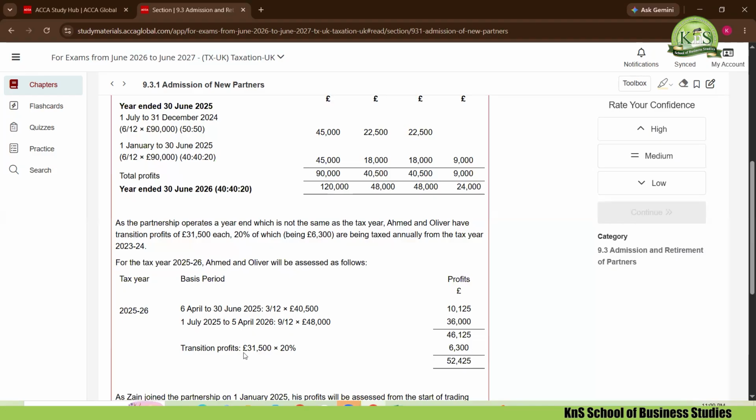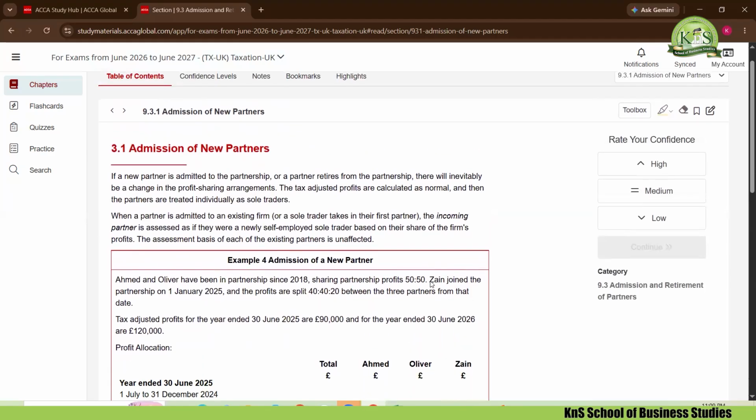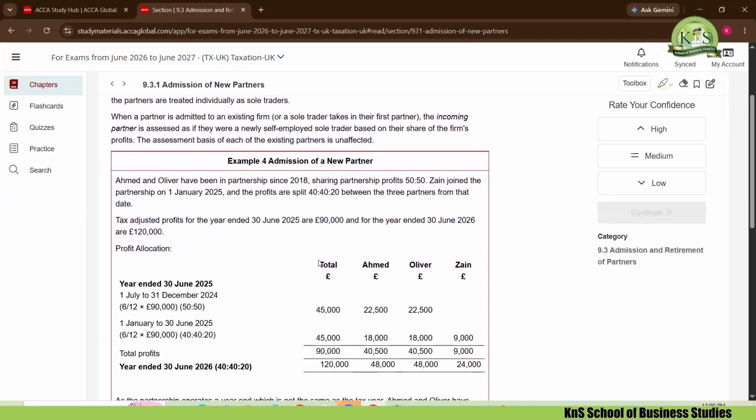And transition profits. Can anyone give me any example? What is the transition profits? Transition profits, we call it overlap profits. If there are some months that are clashing with each other, we call it transition profits. So I think they have given it to you in this question. Transition profits.